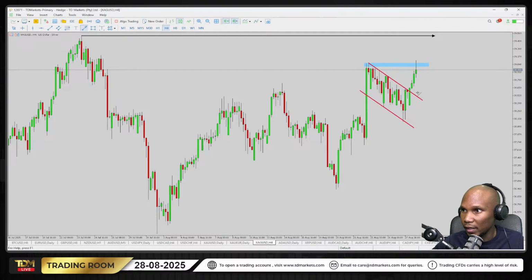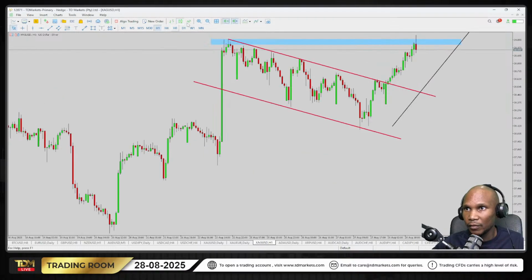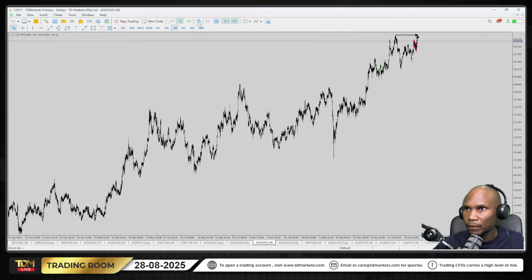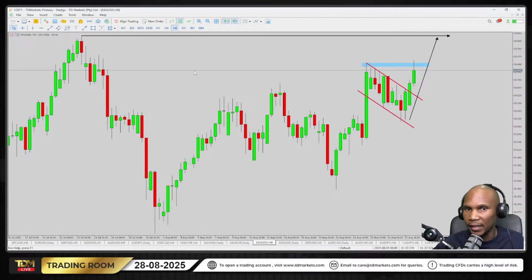But this move here, going all the way there, it just needs one more push towards the upside. That is silver.